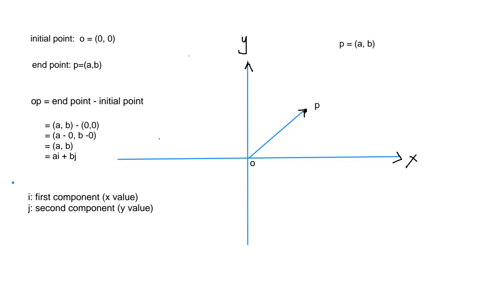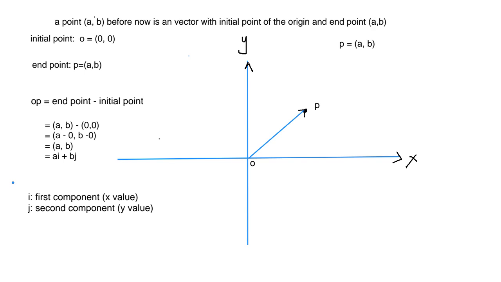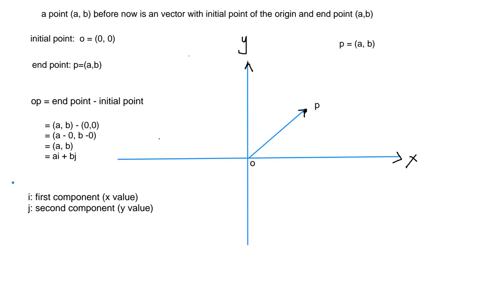All right. So what does this mean? Before, a point A comma B is now a vector with initial point of the origin and endpoint A comma B. So in this we see a point A comma B is the same as the vector A comma B, right?